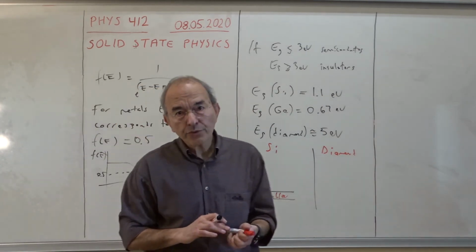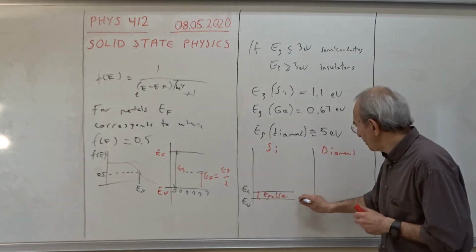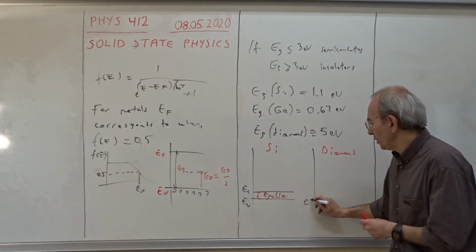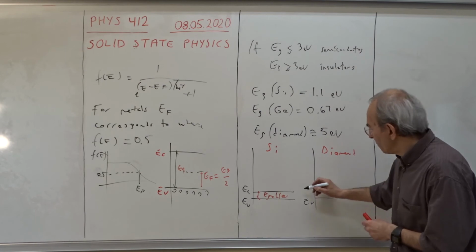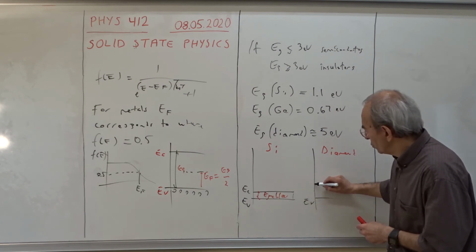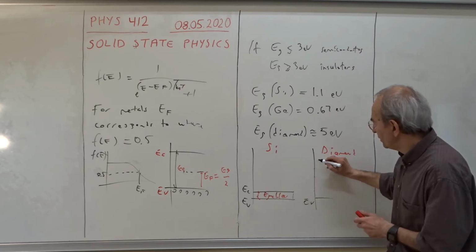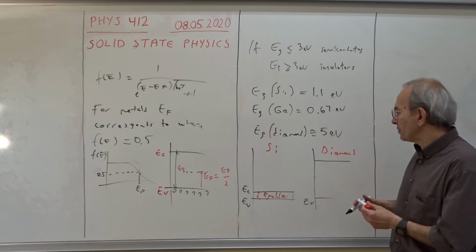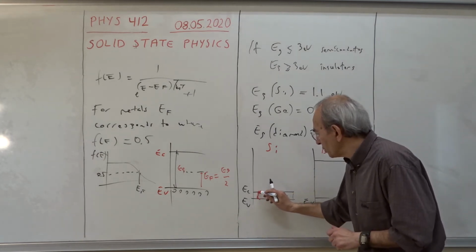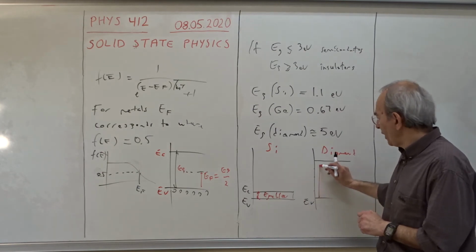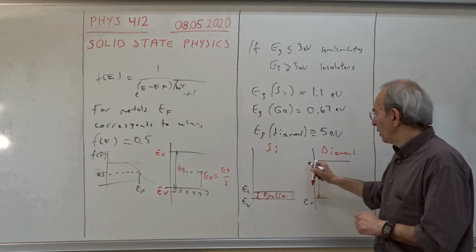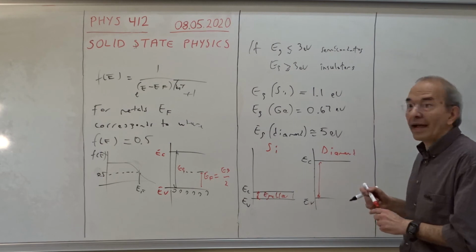Now, if you compare it with that of diamond, and this is the corresponding valence edge, this is 1 unit, 1, 2, 3, 4, 5. Let's say the gap is this much for the silicon and that much for the diamond.